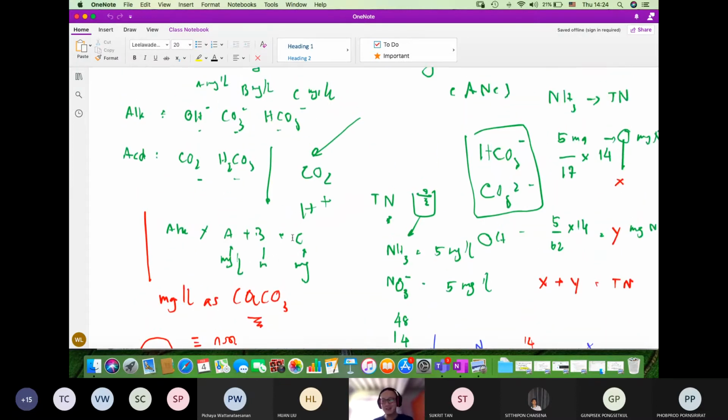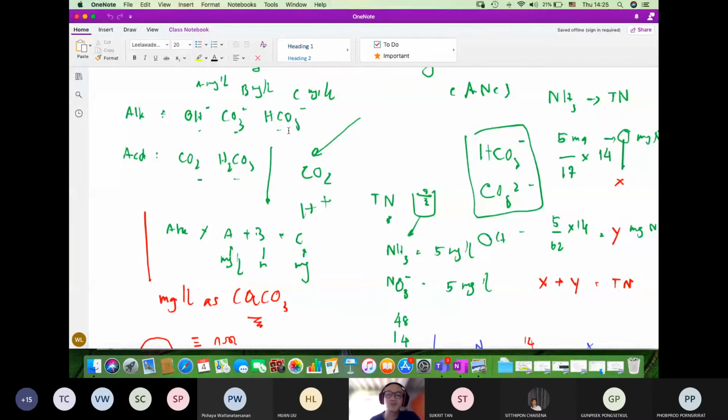To answer this question, you have to look at the major causes of alkalinity. What are the major causes of the alkalinity in the water sample? The alkalinity in the water sample is basically caused by hydroxide ion, carbonate ion, or bicarbonate ion.